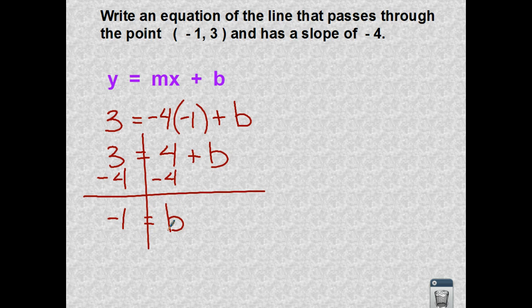So when I write that out in its final form, y is equal to -4x minus 1, and we have our y-intercept at -1, which gives us the additional point needed. Again, you need 2 points to create a line. We have -1, 3 as a point, and now we have on our y-axis the ordered pair 0, -1.